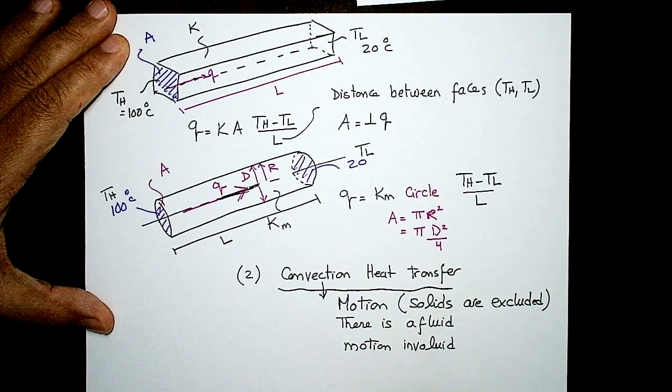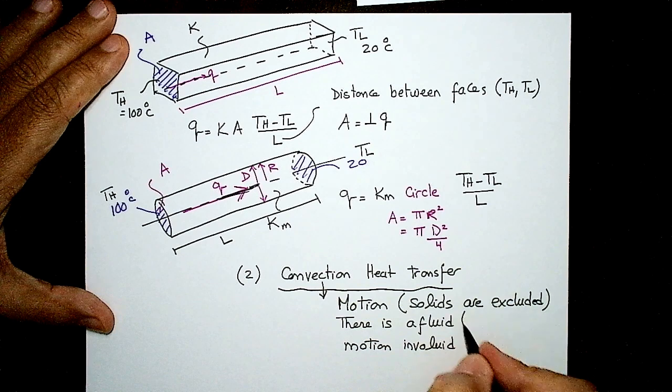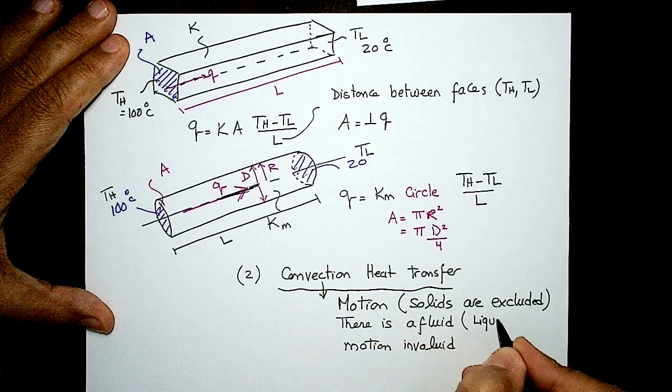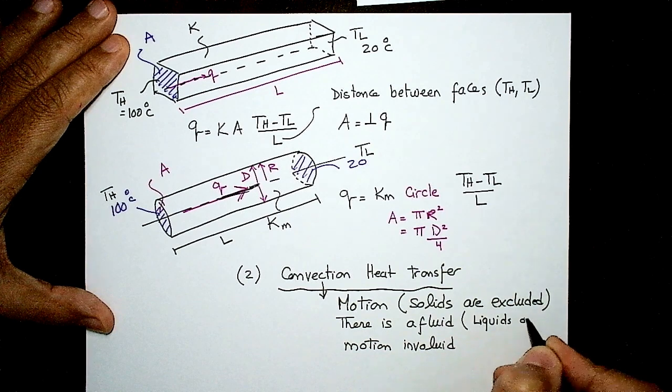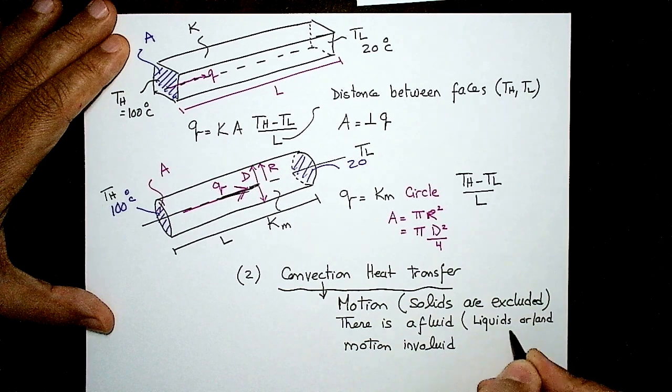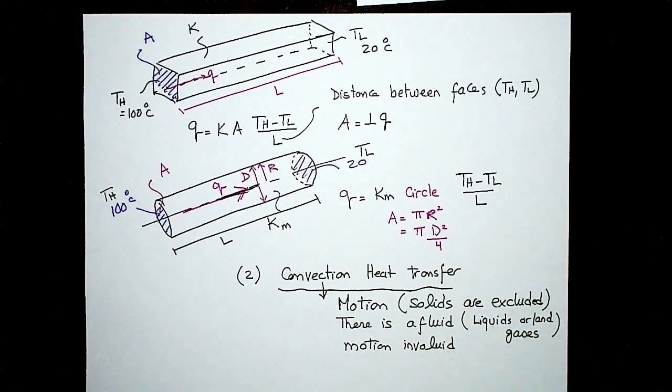What does the word fluid mean? The word fluid is a combination of liquids and gases. As soon as you see fluid, it means liquid or gas is involved in the process of heat transfer, and this fluid is in motion. We consider the convection mechanism.